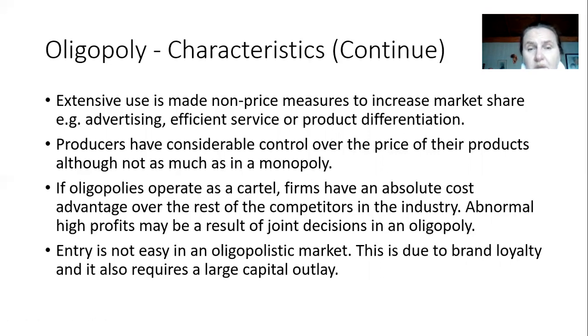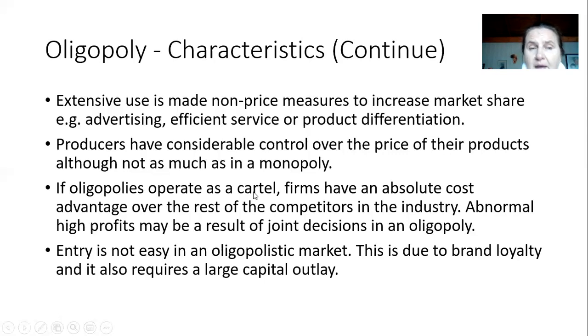But even a monopoly is limited to the reaction of the consumers. So if the consumers refuse to budge, they will find an alternative, even if it is less desirable.